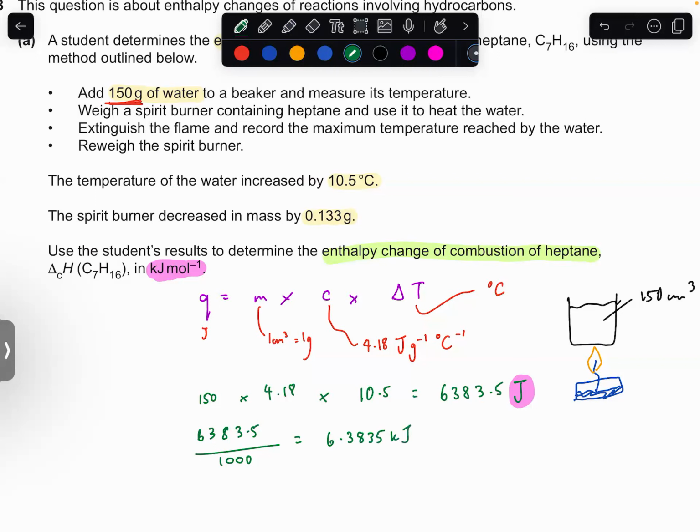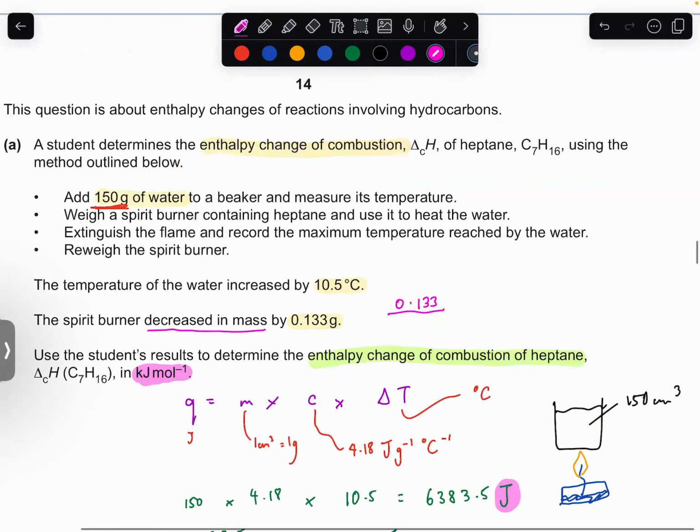6.3835 kilojoules. And now to work out the moles, we're given the mass of the spirit burner here, the spirit burner decreased in mass. That's the mass difference. So it's 0.133 divided by the molar mass of heptane, which is over here.